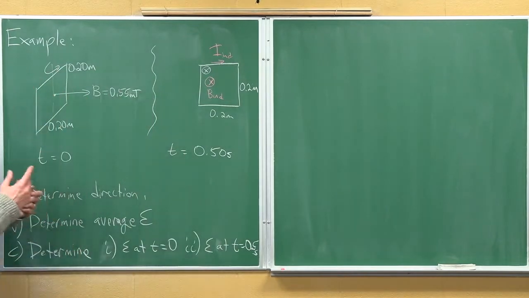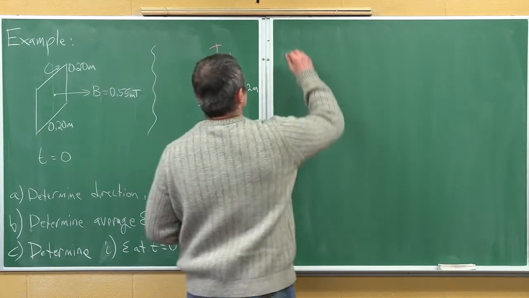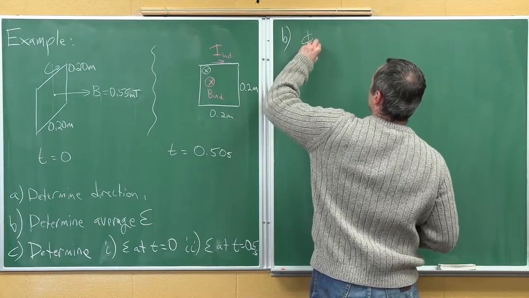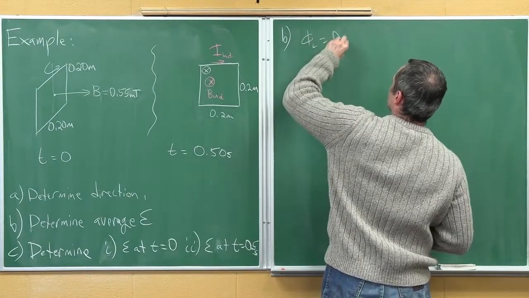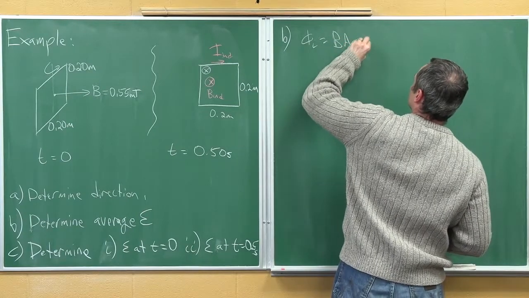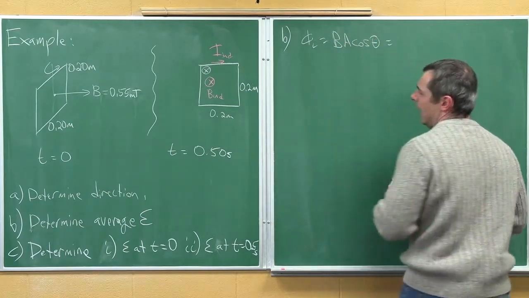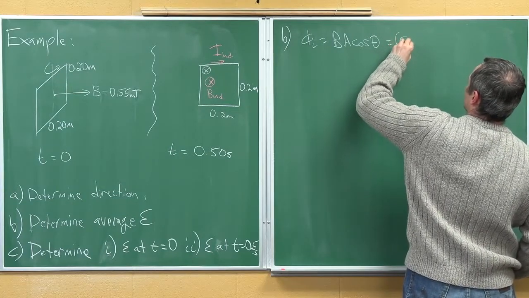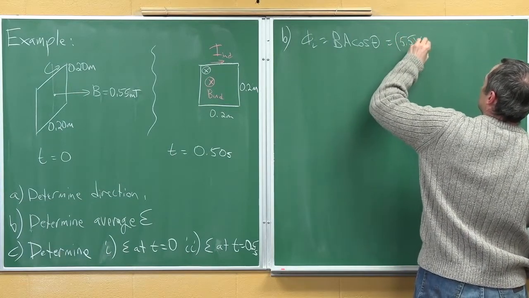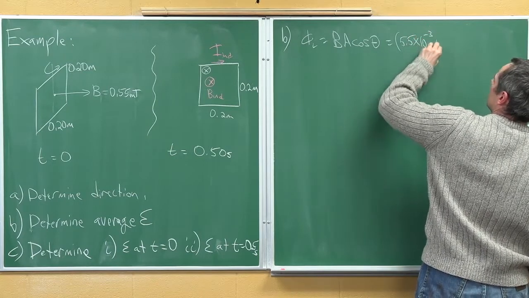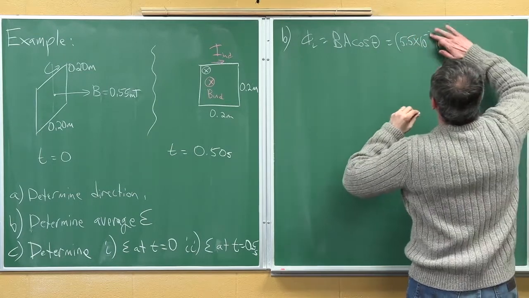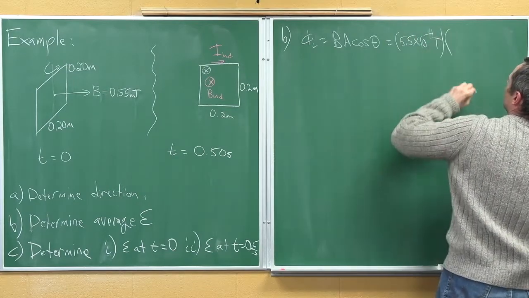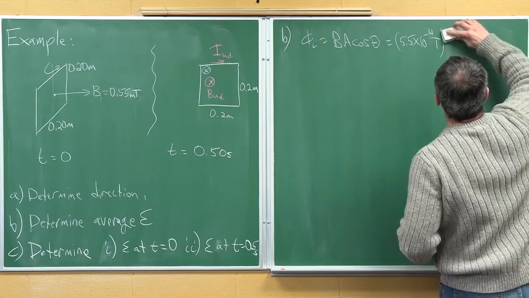Now, the average EMF for part B. What I need to do is calculate the initial flux. So I have 0.55 milliteslas, in other words, 5.5 times 10 to the negative fourth Tesla.